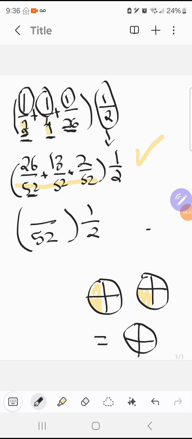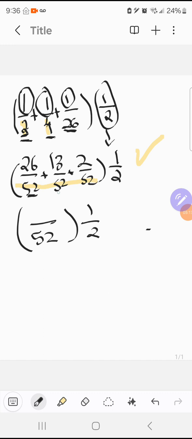You still have 2 pie slices, right? But now you have 1 pie slice, 2 pie slices, 3 pie slices. But you still have 4 slices in total, just like you had here, just like you had here. You still have 4 in total.